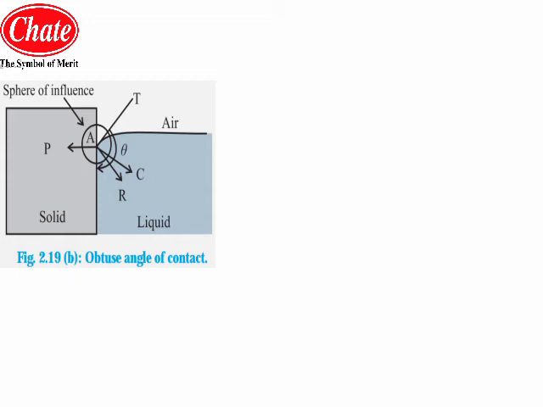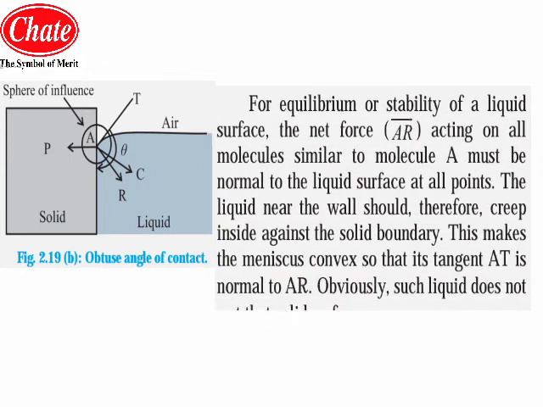Now the magnitude of the cohesive force is so large that the net force AR bar is directed inside the liquid. So students, we can say that for equilibrium or stability of the liquid surface, the net force AR bar acting on all molecules similar to the molecule A must be normal to the liquid surface at all points.